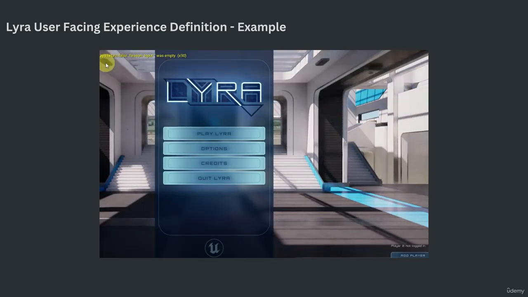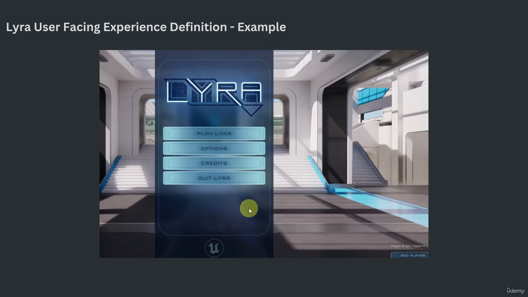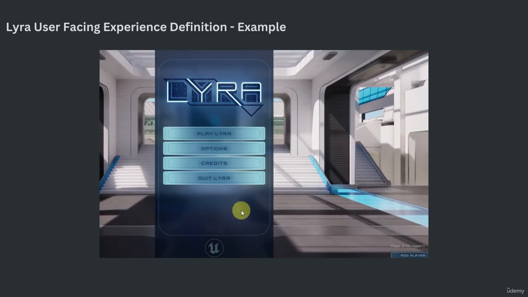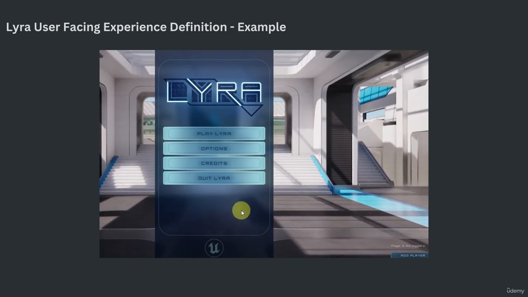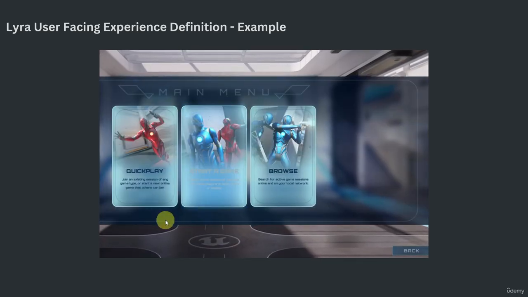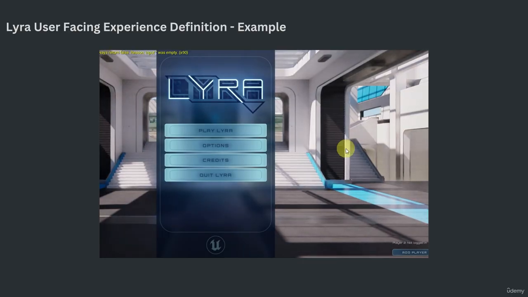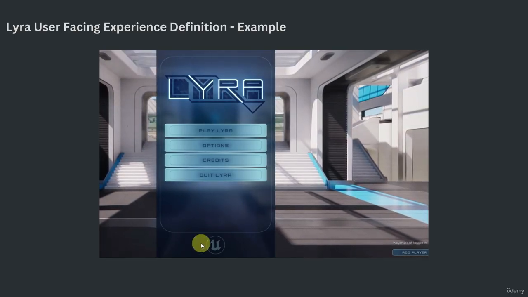Next, we will explore the Lyra user-facing experience definition, which defines how an experience is loaded on screen. For example, when we start the game, the Lyra loading screen loads first, followed by the front-end menu screen. This flow is defined in the Lyra user-facing experience definition.